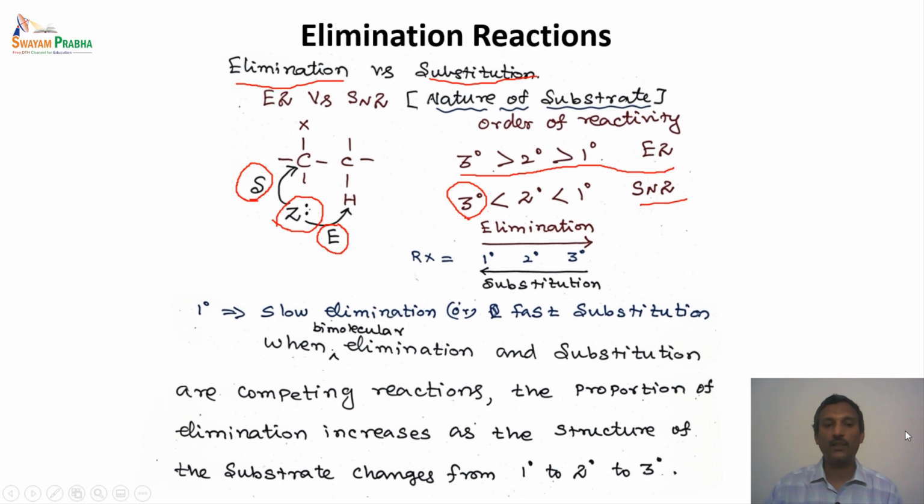So in the case of primary, it undergoes very slow elimination or it undergoes fast substitution, when a bimolecular elimination or substitution is concerned. So when we talk about SN2 or E2, the primary undergoes very slow elimination by the E2 mechanism, or it undergoes very fast substitution by the SN2 mechanism.